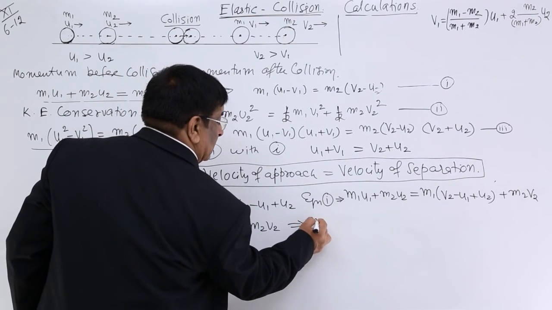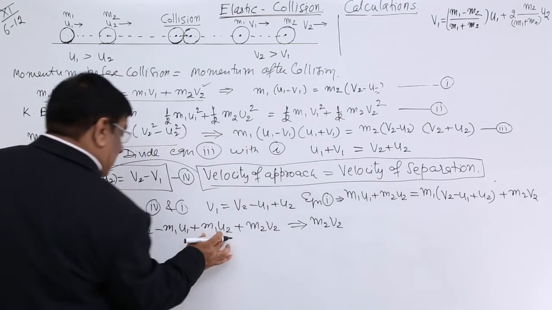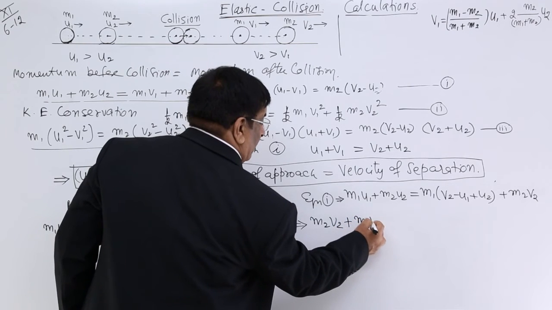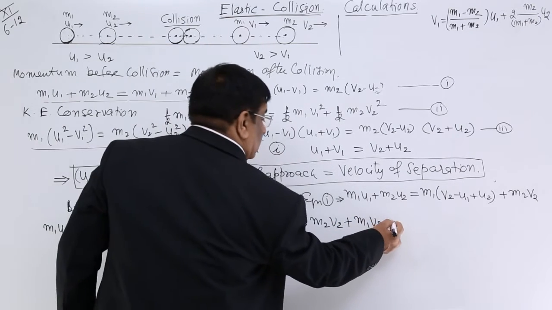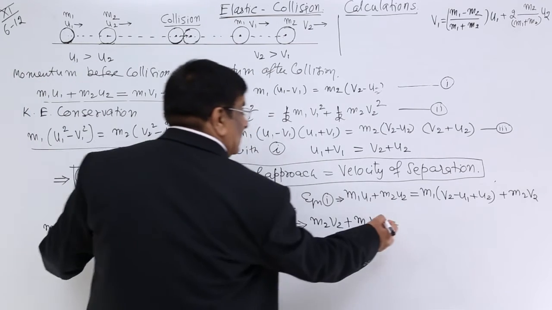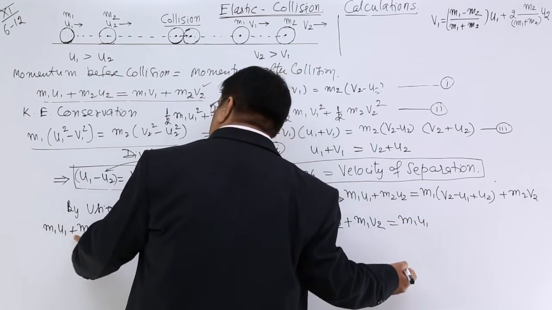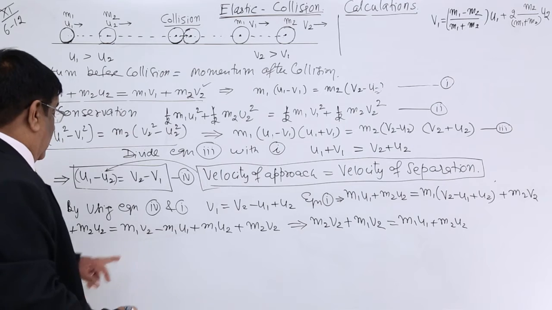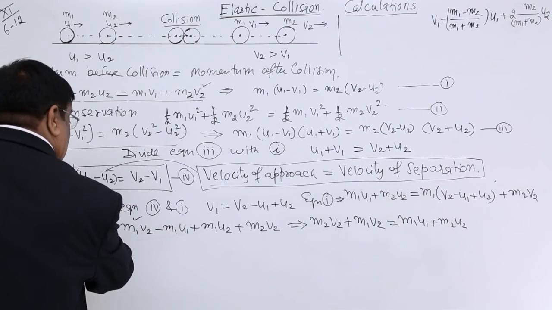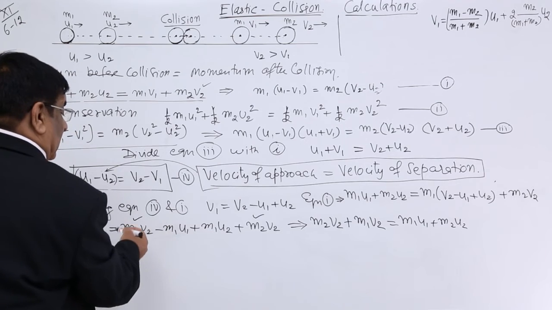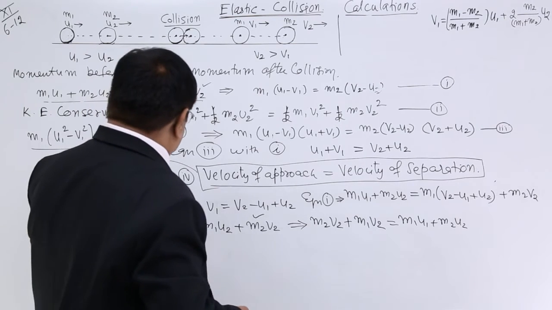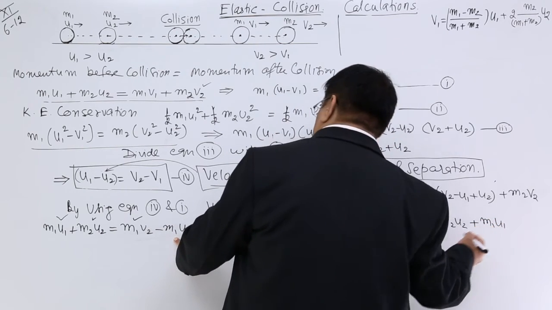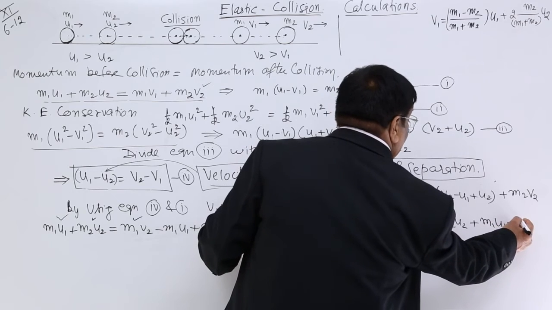So this is m2 v2 and here m1 v2. This is on one side. On the other side we get here m1 u1 plus m2 u2, and this will become plus m1 u1 and this will become minus m1 u2.